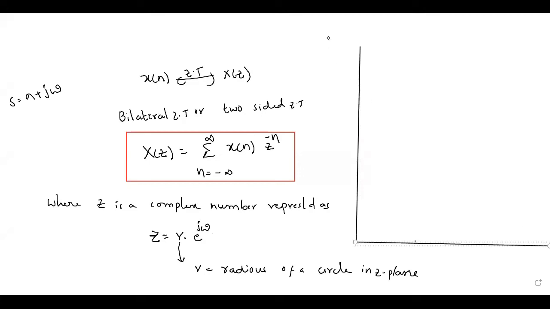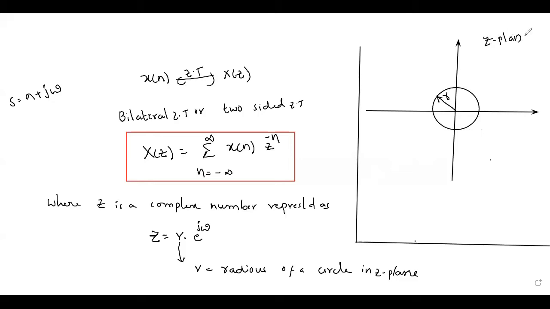So in the Z plane, a circle will be represented like this. And what does R mean here? That is nothing but the radius of this circle. This is a Z plane representation.